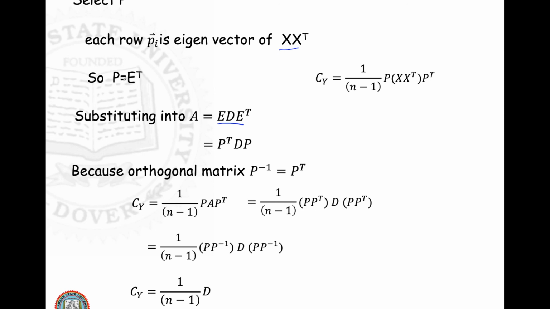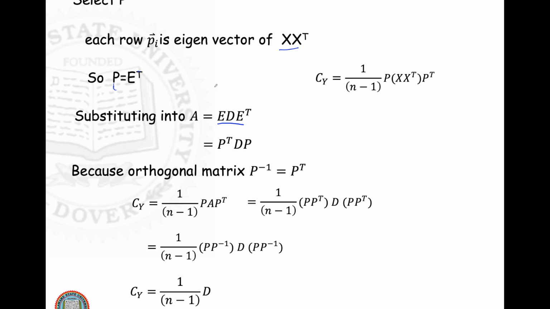And so P is E transpose. Now we substitute this into A diagonalized. So we have A in diagonalized form, and P is an eigenvector of this data representation. We can now substitute in this P for our eigenvectors that diagonalize A.